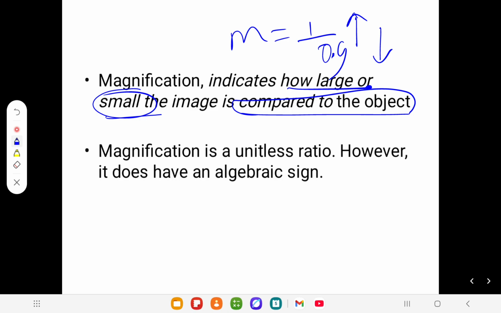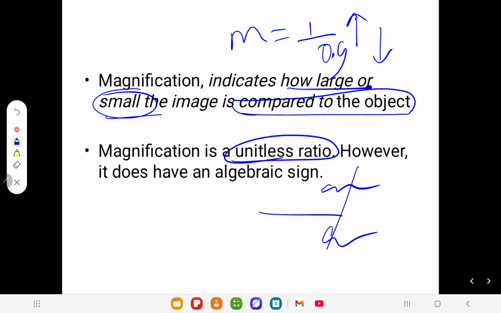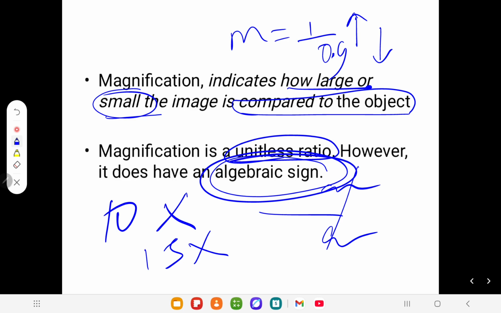So let's move. Magnification is a unitless ratio, obviously, because above is centimeter or meter and below is centimeter or meter, both cancel, and we simply use times: 10 times magnification, 15 times magnification. It's simple. However, we have algebraic sign. Oh yes, that's important. Algebraic sign means, for example, -1 magnification, which means what?